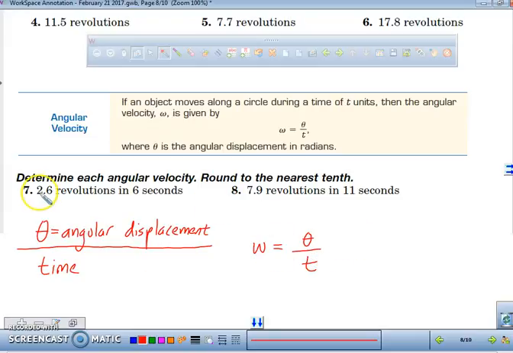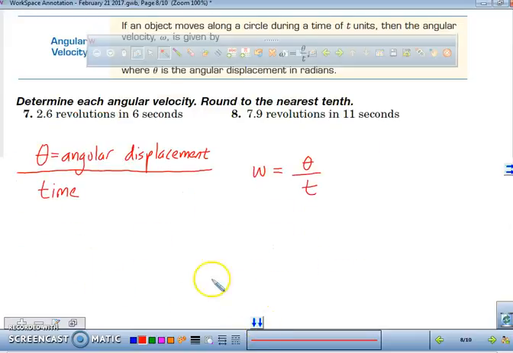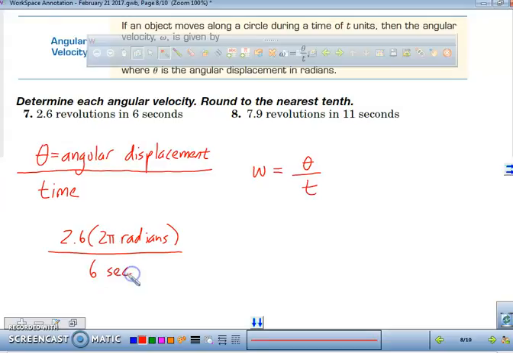So if we were to do, say, problem number 7, all you have to do is do 2.6 times 2 pi radians, so make sure you put 2 pi radians, over 6 seconds.